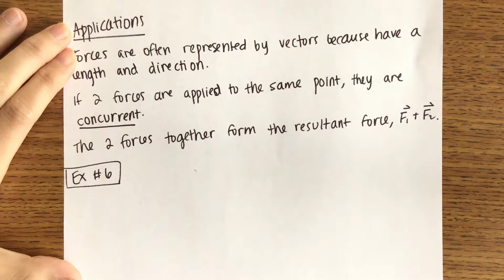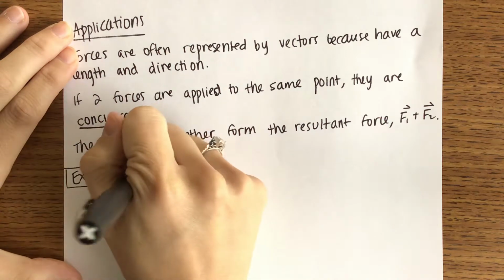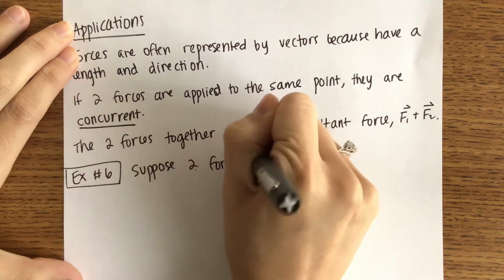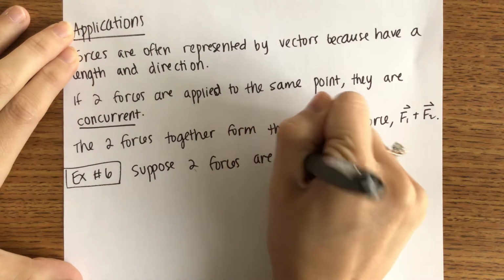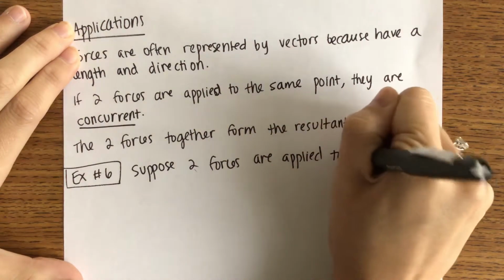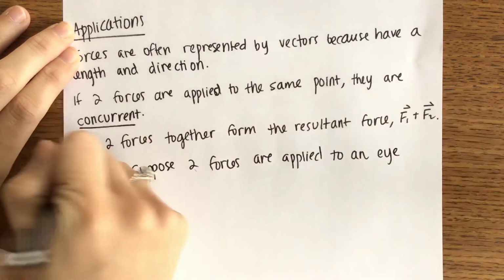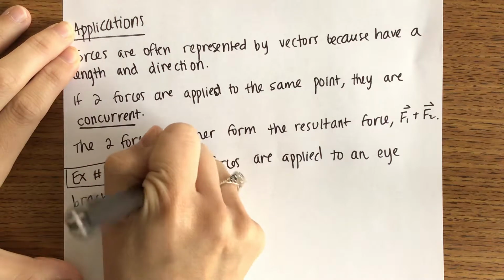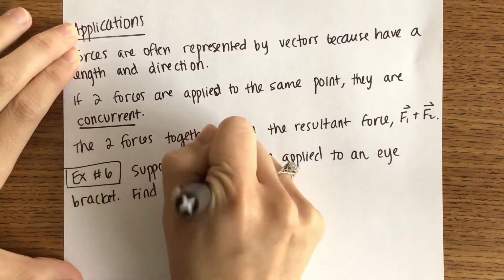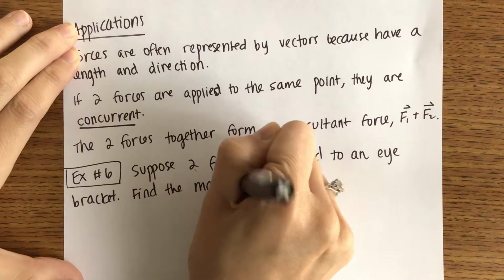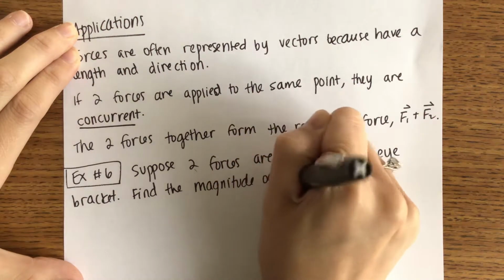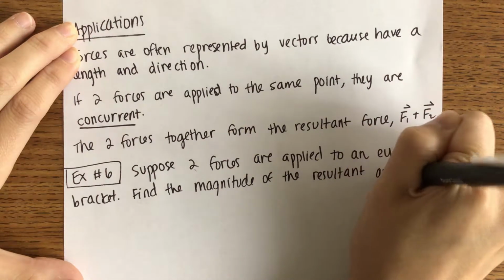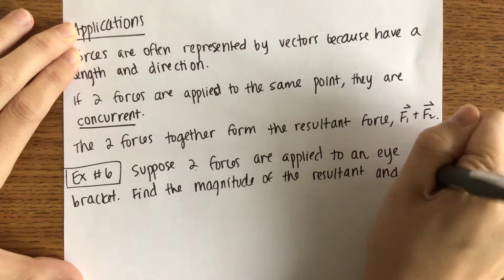Okay, suppose that 2 forces are applied to an I bracket. Find the magnitude of the resultant and the angle it makes with the positive x-axis.